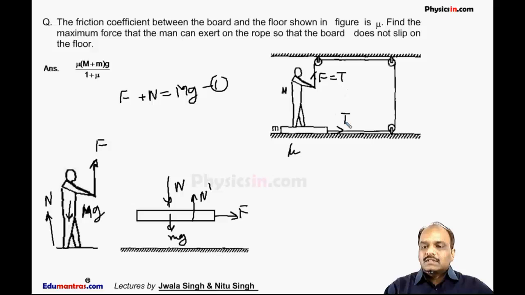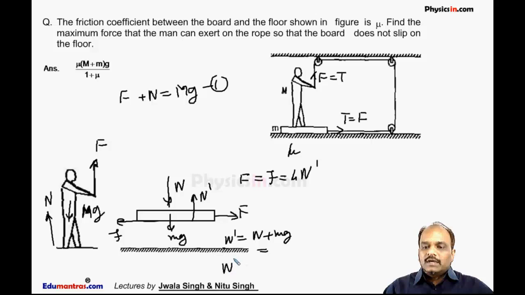So tension here is in this direction, that is also equal to F, and this block has a tendency to move forward, so the friction will act in backward direction. So for this block we can say F must be equal to friction, which is equal to mu times N dash, and N dash is equal to N plus mg, and we know the value of N from here.